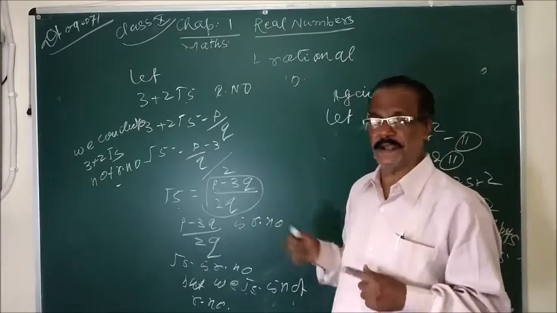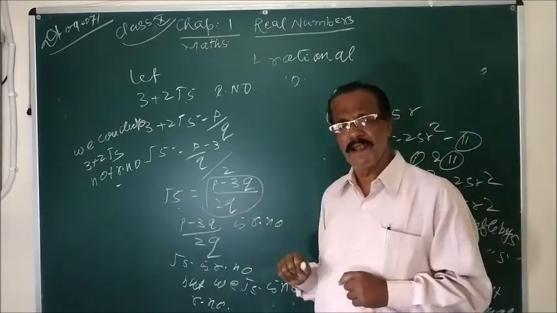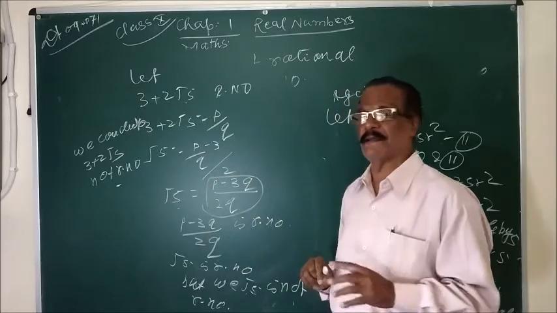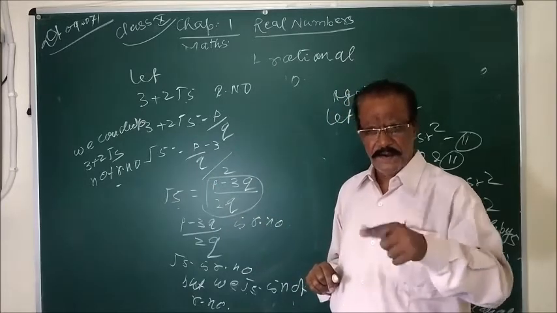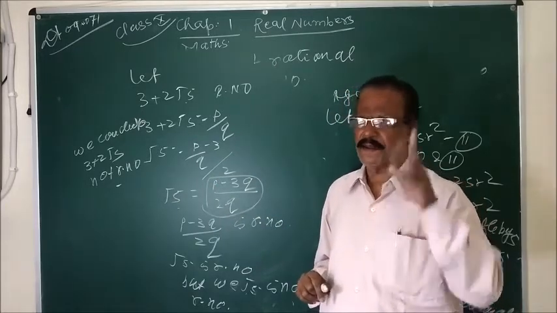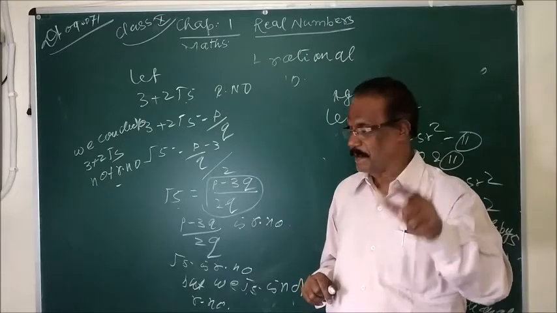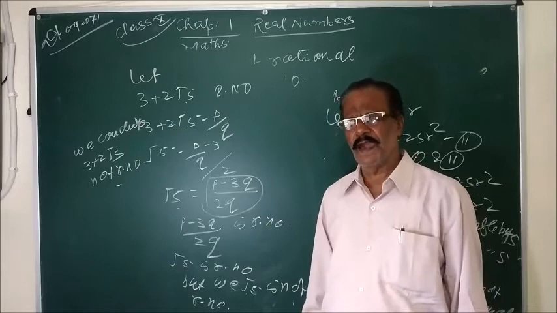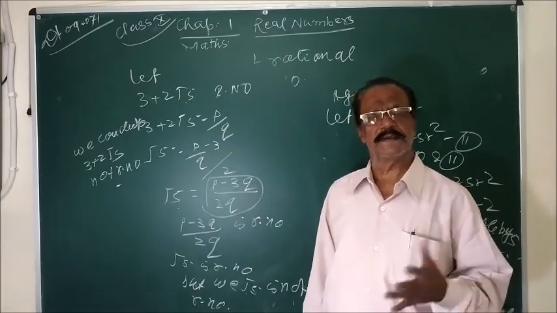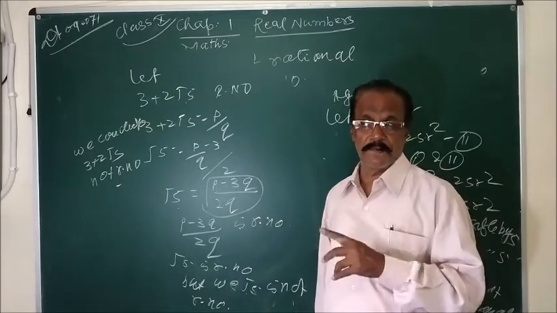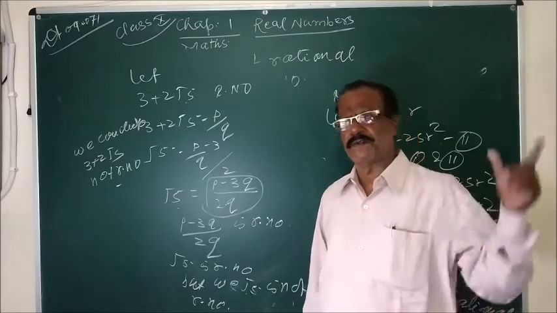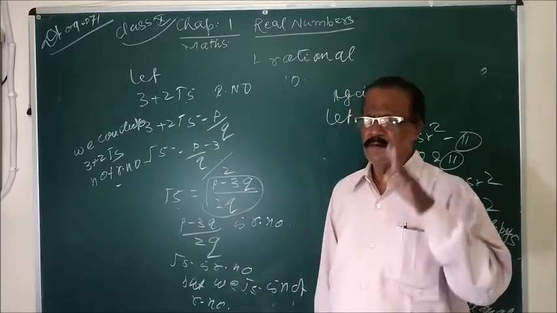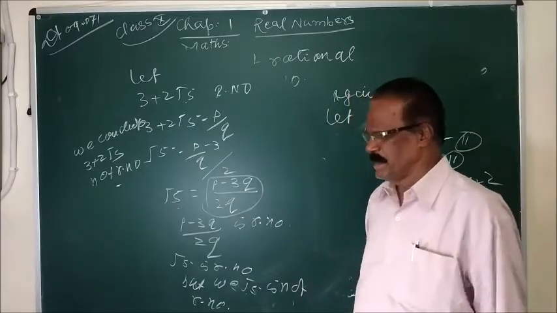Therefore this term is rational. Since they are equal, root 5 is also a rational number. But it contradicts that root 5 is not a rational number, and therefore whatever we have supposed is incorrect. We supposed this is rational, but this is wrong.